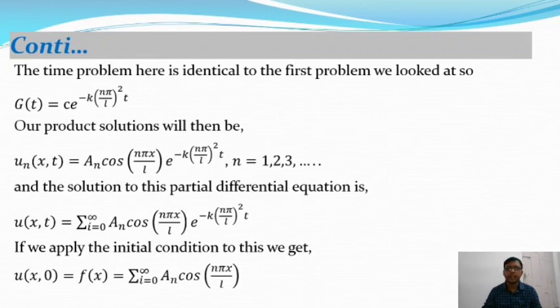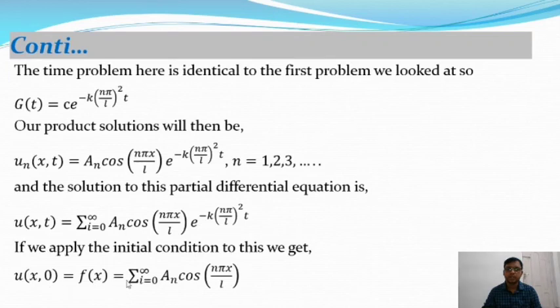And if we apply the initial condition to this, we get u of x comma 0, and this is the function u of x comma 0 is equal to f of x. Okay, and if we put t is equal to 0, the exponential part of the summation is equal to 1.